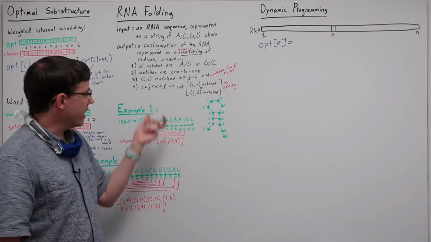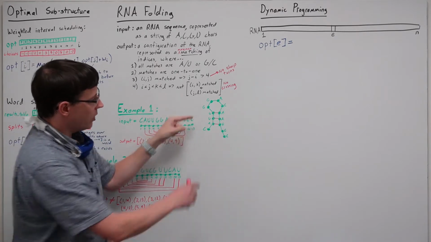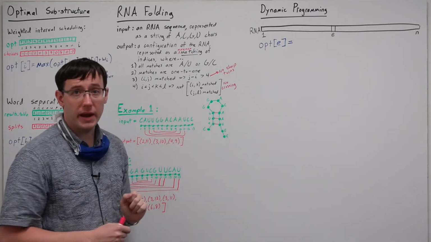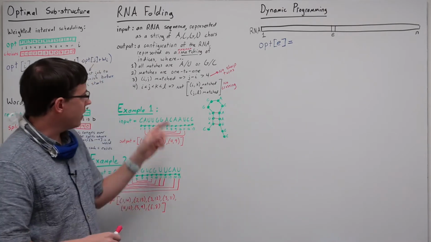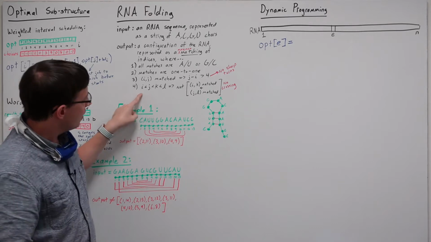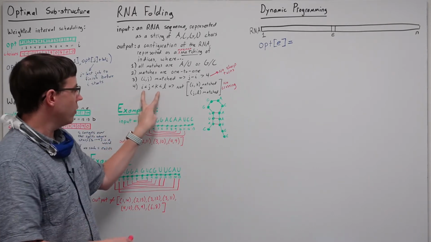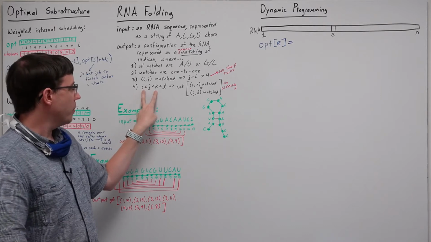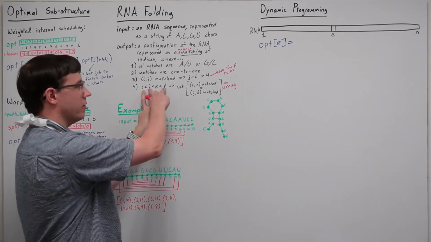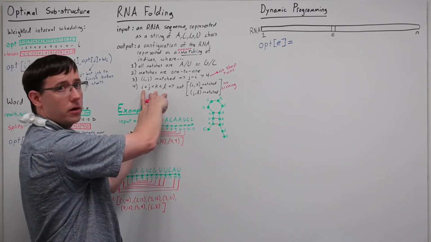And our last constraint is that we don't have crossing pairs, which we can represent mathematically as: for 4 indices i, j, k, l in increasing order, we don't have i and k paired while we also have j and l paired.